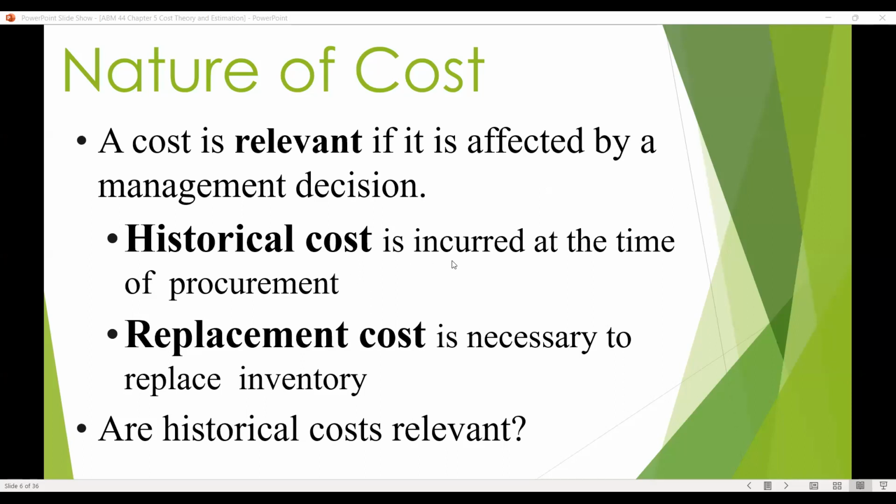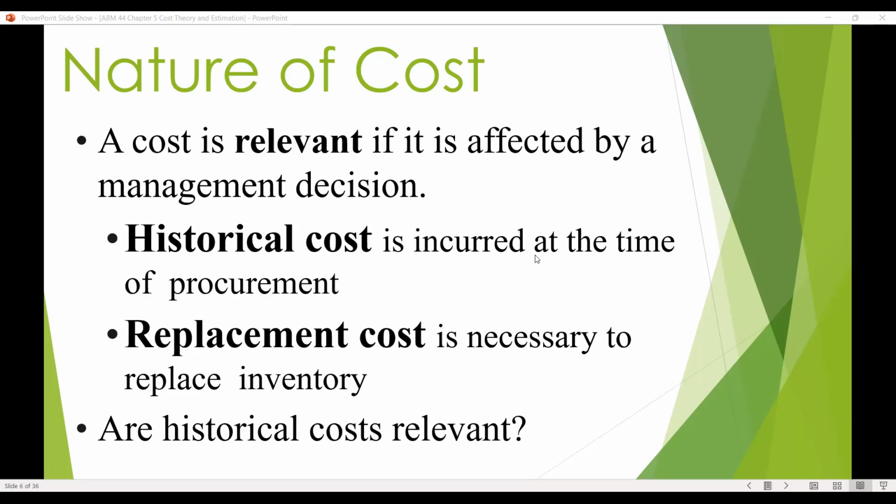So these costs are at a given place in time, more on its history, history of transactions, history of purchase. That is what we call historical cost, incurred at the time of procurement, when you bought a specific expense or a specific asset and so on and so forth.